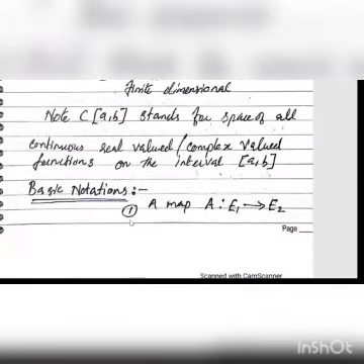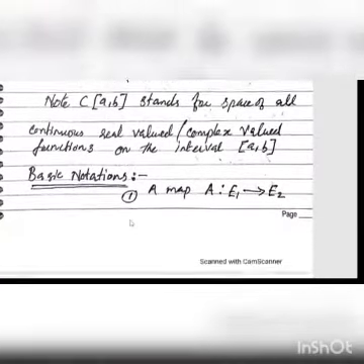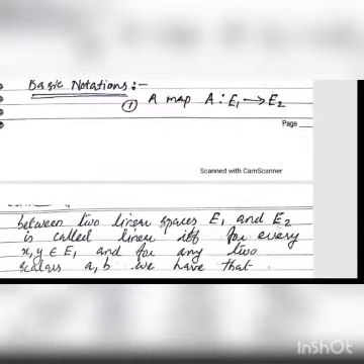A map A from E1 to E2 between two linear spaces E1 and E2 is called linear if and only if for every x, y belonging to E1 and any two scalars a, b, we have the relation A(ax + by) = a A(x) + b A(y). It is very familiar to you.